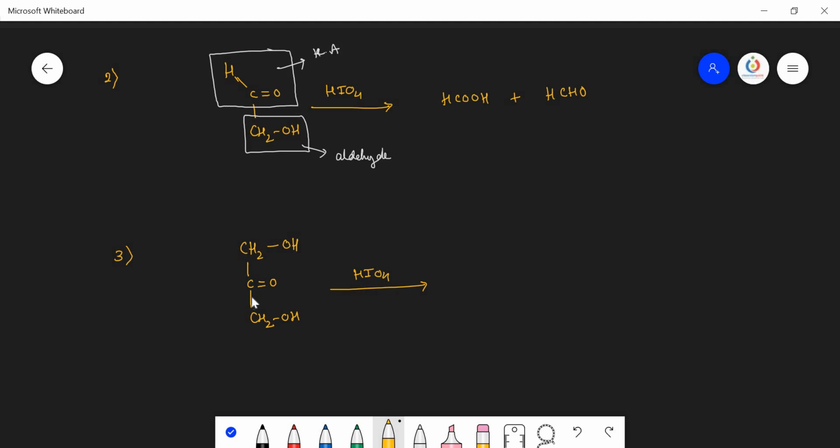We have to break the bond between these two carbon atoms and between these two carbon atoms. So this CO group will be converted to carbon dioxide because we are breaking the bond on both sides. So first of all, I'll write this one. This has the hydrogen with the OH group, aldehyde, plus this shall be converted to carbon dioxide, and this shall be converted again to the aldehyde.